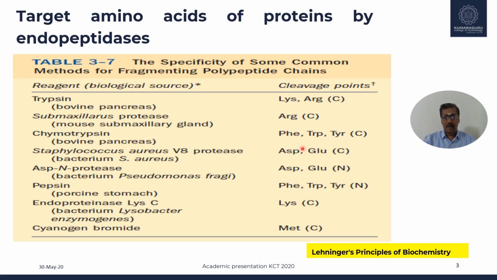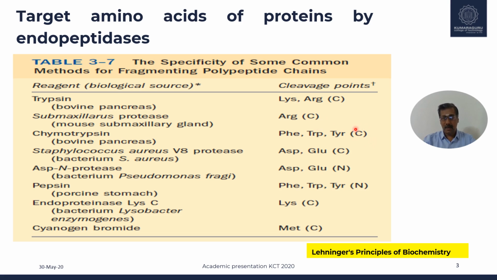And remember, the peptide bond generated by your phenylalanine or tryptophan or tyrosine in a protein should be contributed from the C terminus side. That is, the carbonyl group of the peptide bond should be donated by, or should come from, phenylalanine or tryptophan or tyrosine.